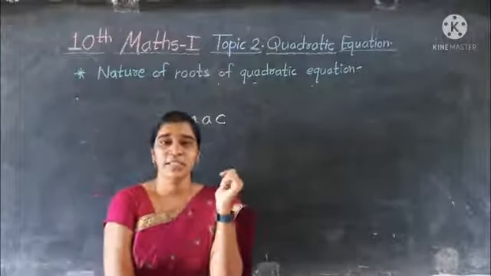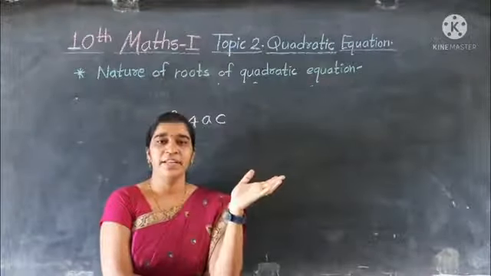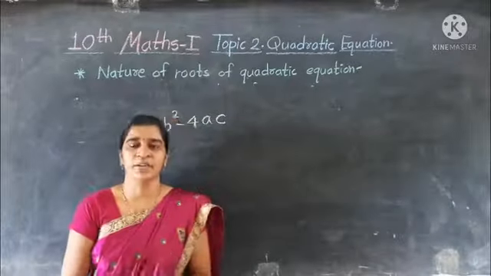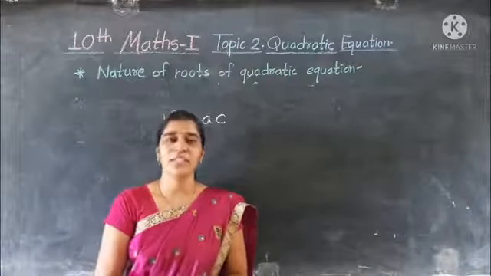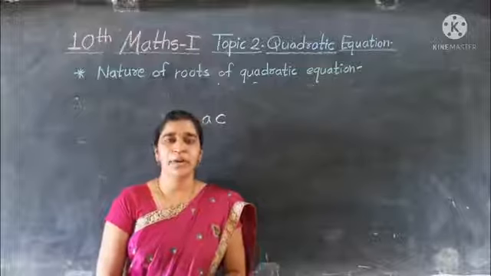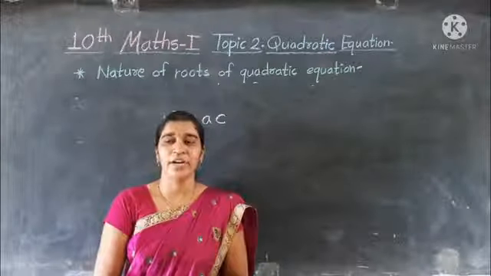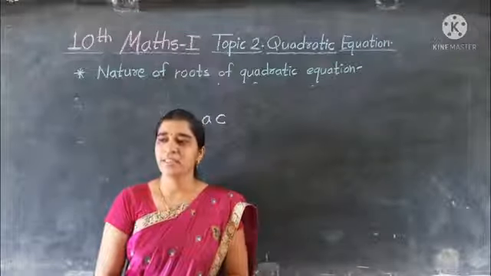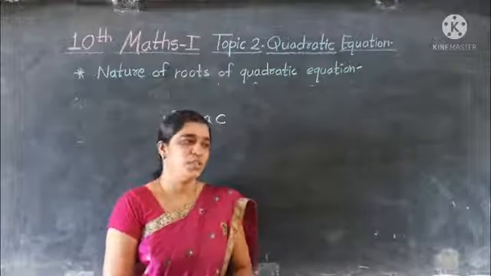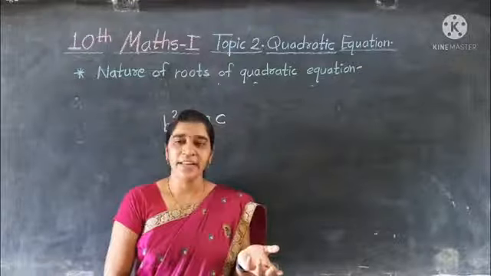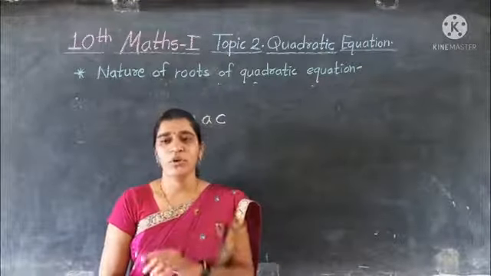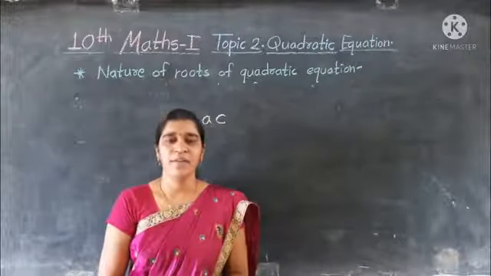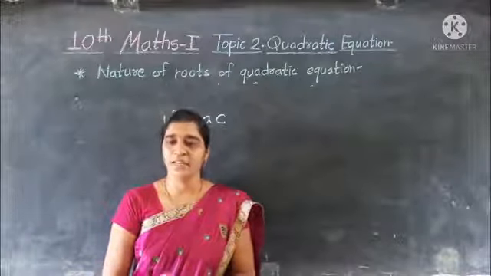Now next we had seen is the finding the value of discriminant. For finding value of discriminant, you have to write the given quadratic equation in standard form, ax square plus bx plus c is equal to 0. And after writing it in standard form, you have to compare and write the values of a, b and c.